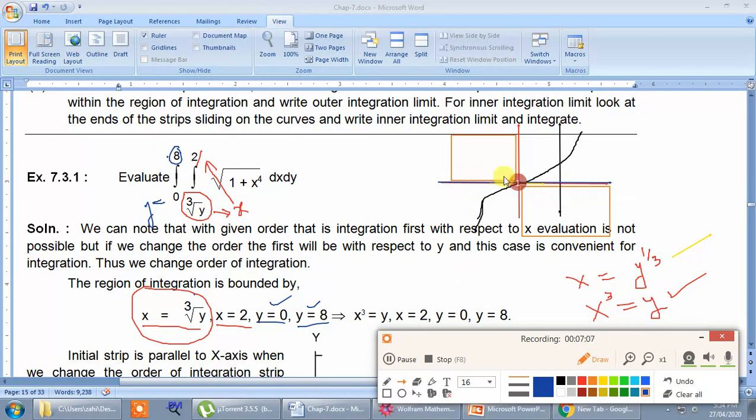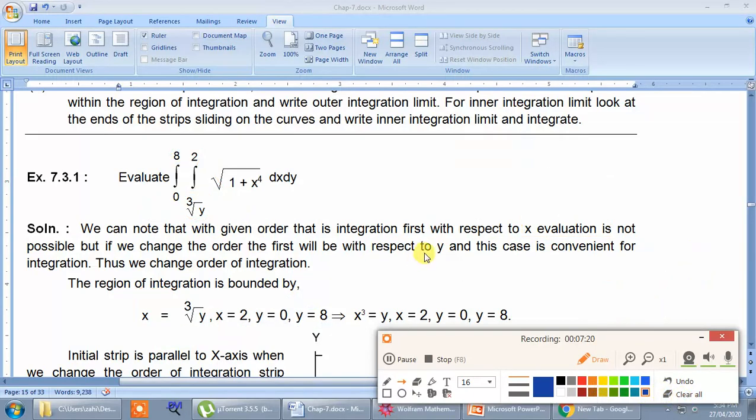So see, the previous things were for tracing the curve, and now we are starting with recognizing your region of integration. For that, let me clear all of this, and now let us sketch all four curves. What is the first curve? Let us start with this.